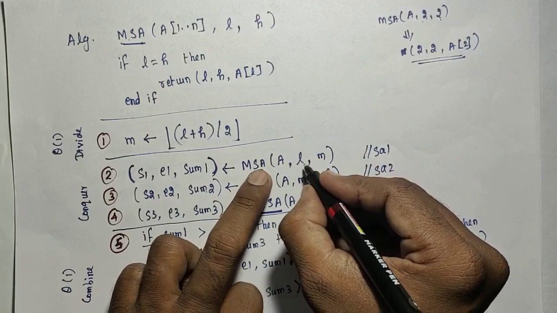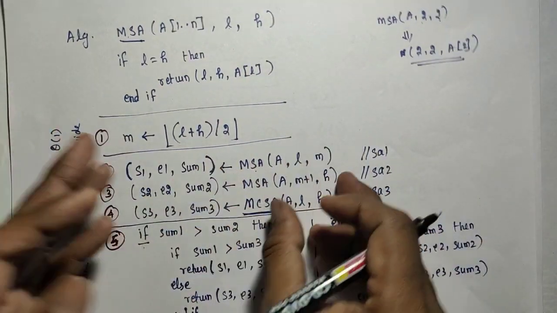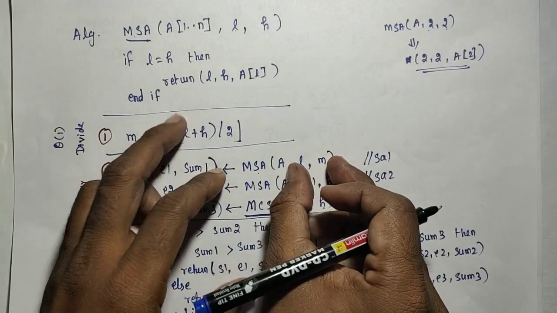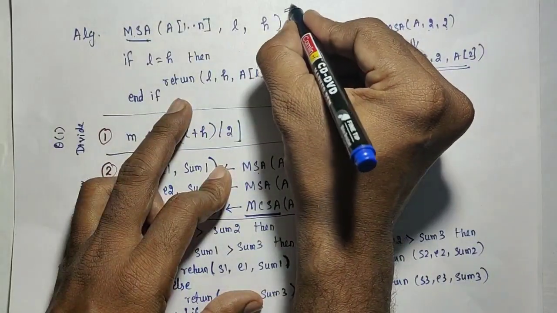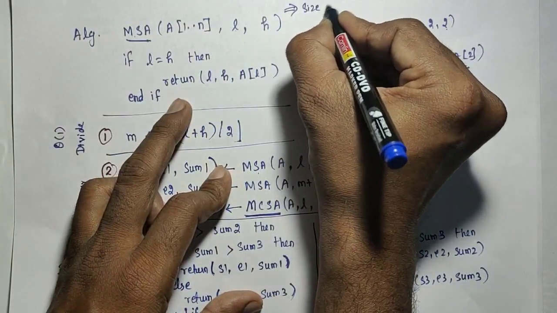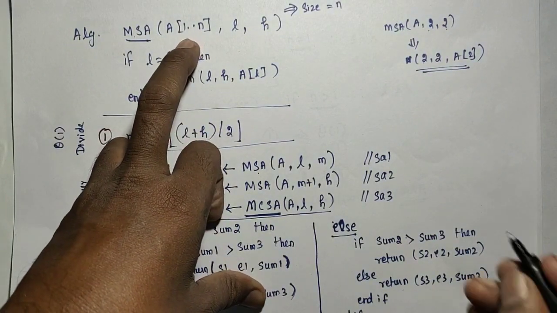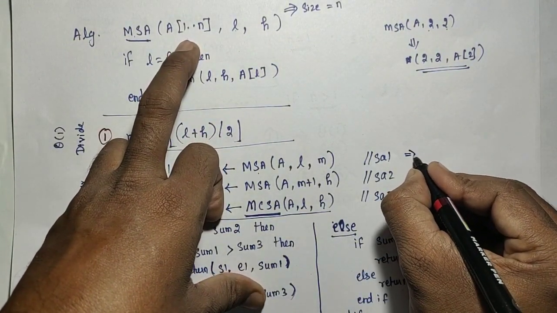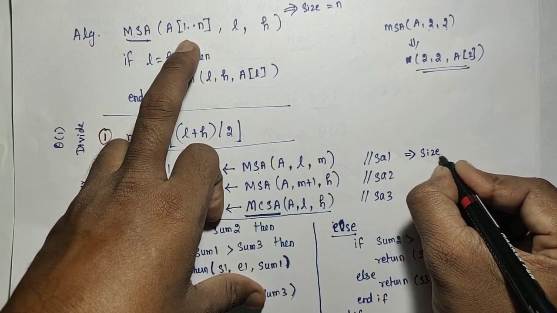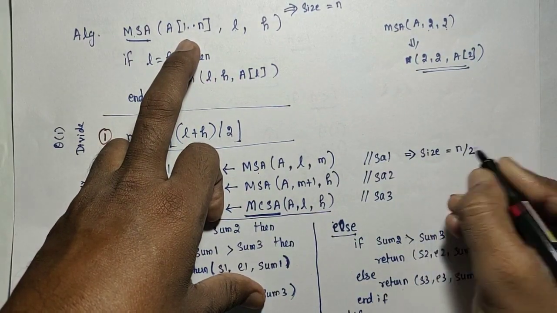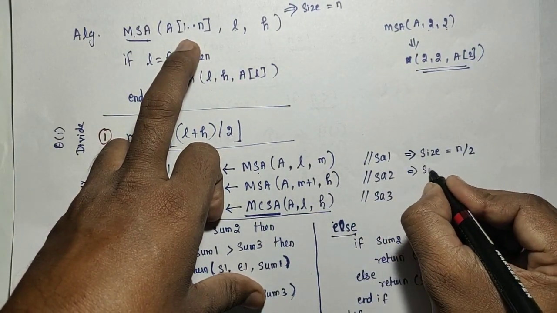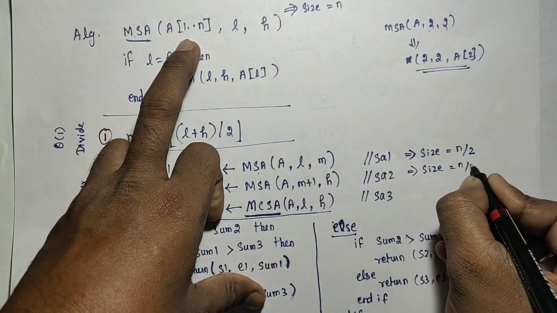In the first call, the first half of the elements is going to be sent. The input size for the main one is n, but for this call the size will be n by 2, and here the size will be n by 2. Correct or not?